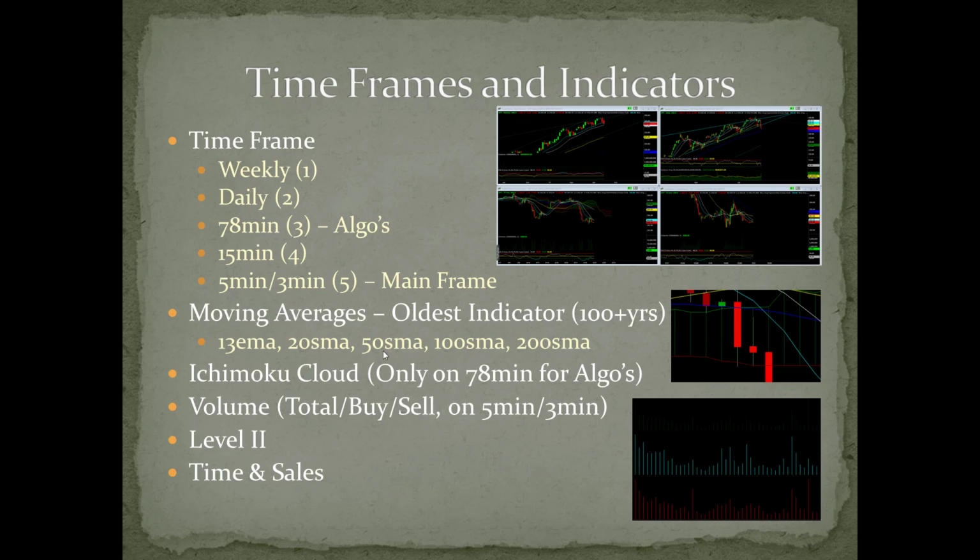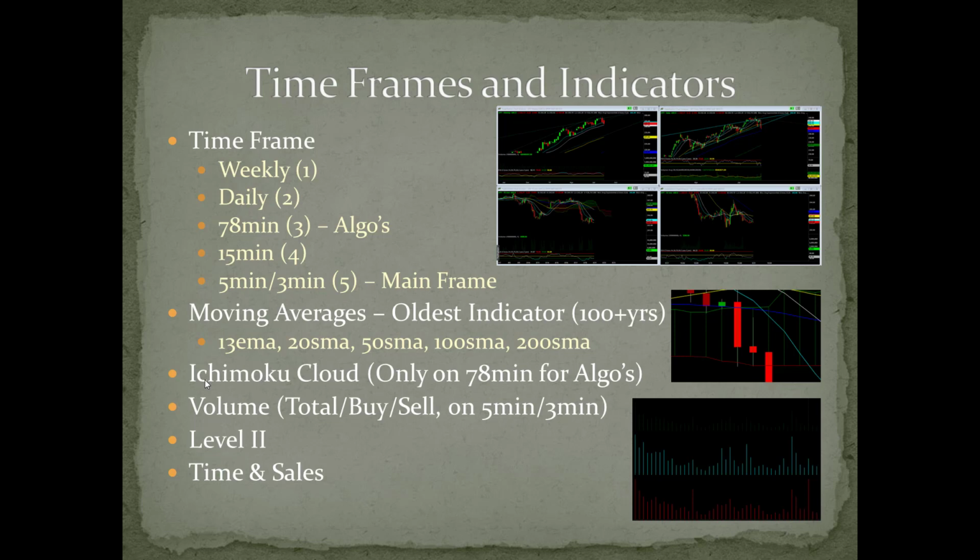I can go out and ask 10 traders right now, have you heard of the 100 moving average? Have you heard of the 200 SMA? They're going to say yes. If I ask 10 traders, have you heard of the Ichimoku cloud, you might get one or two no's. The Ichimoku cloud is not a heavily used intraday indicator for retail traders.